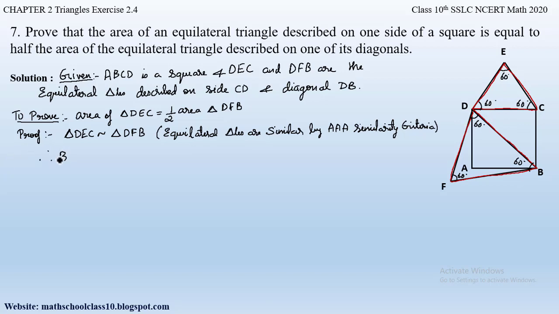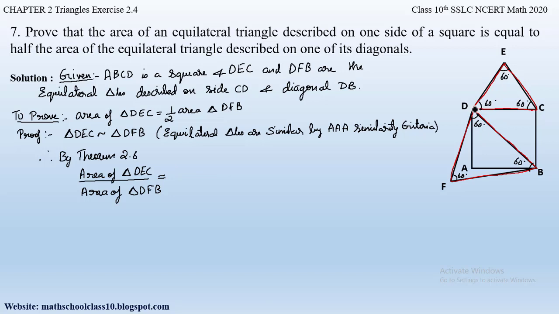Therefore, by theorem 2.6, the ratio of the area of triangle DEC to the area of triangle DFB will be equal to the square of the ratio of their corresponding sides.